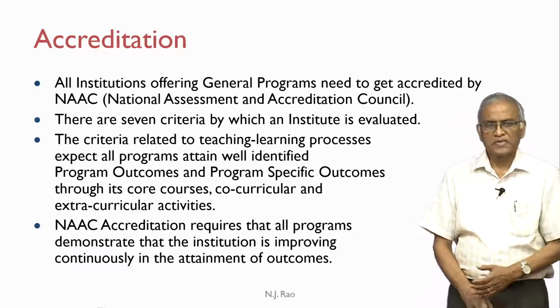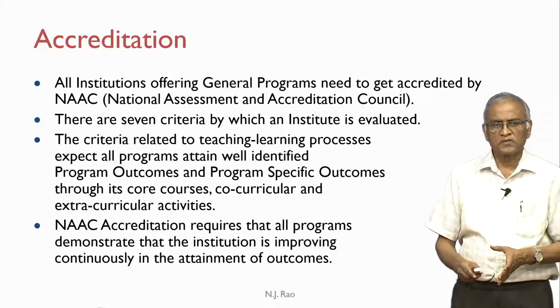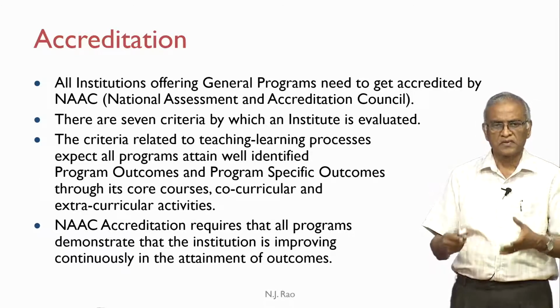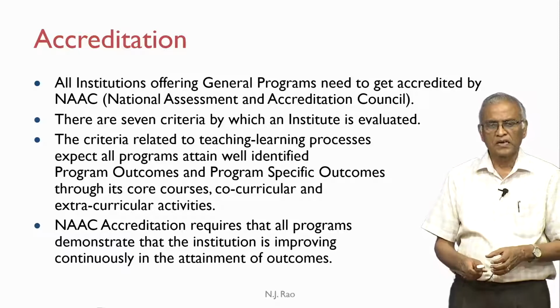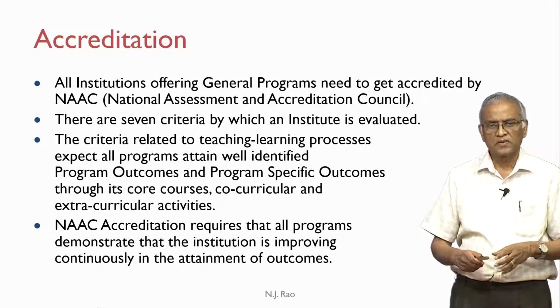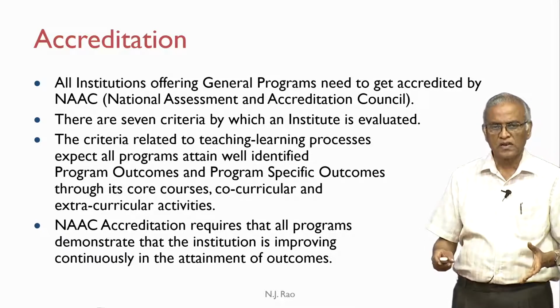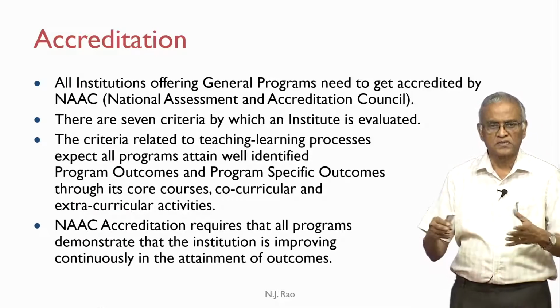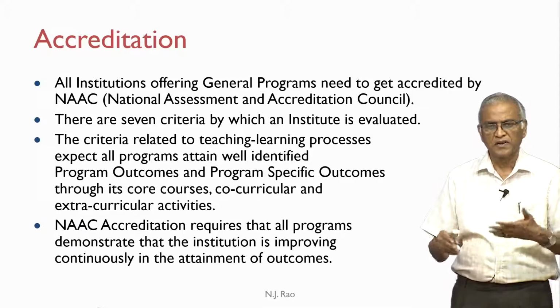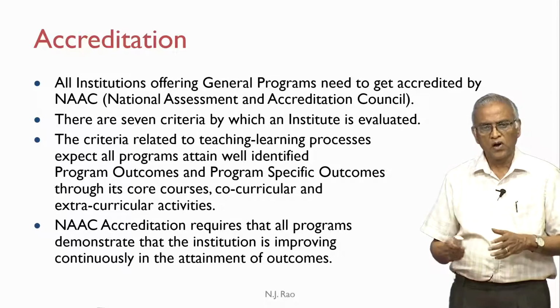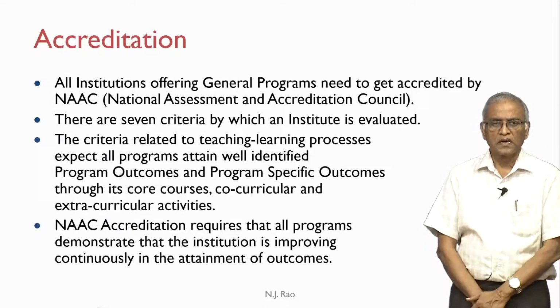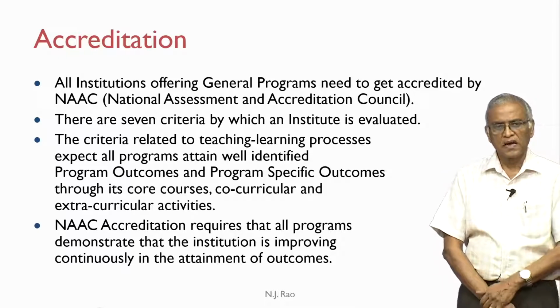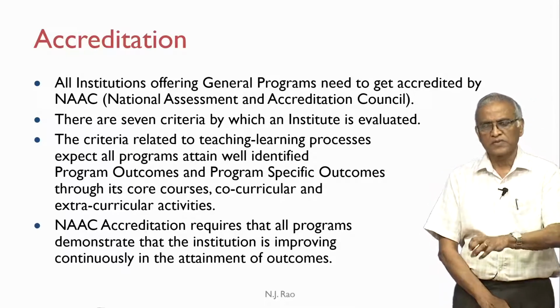Besides classroom teaching it also looks at several activities of the faculty as well as the activities at the institution level, and how the institute is related to the rest of the society through different kinds of programs. So, all are looked at as a part of the accreditation, and these 7 criteria capture that.